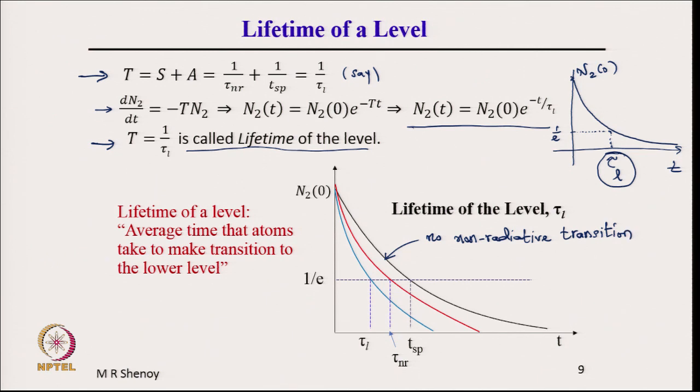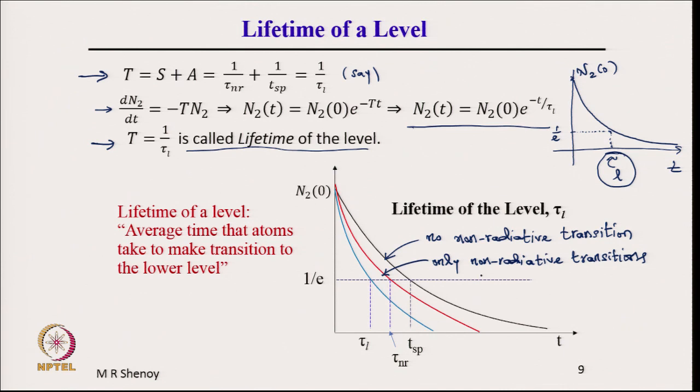If there was no radiative transition and all of it is only due to non-radiative transition, then we would have had atoms coming down, decaying by non-radiative transitions. Only non-radiative transitions, then we would have had the second curve.